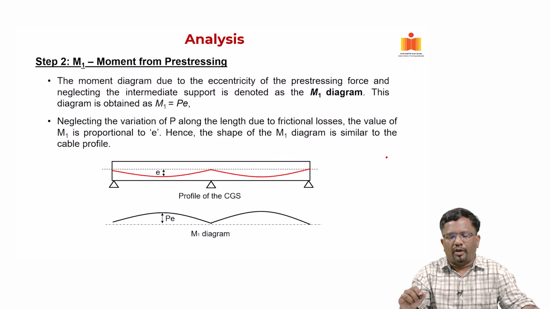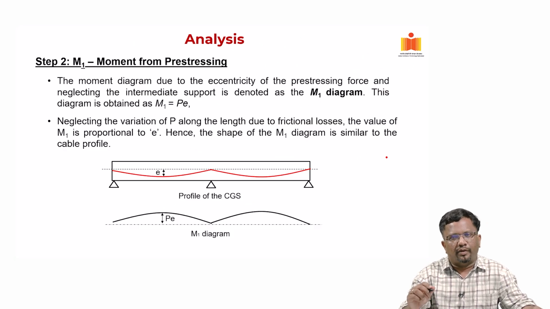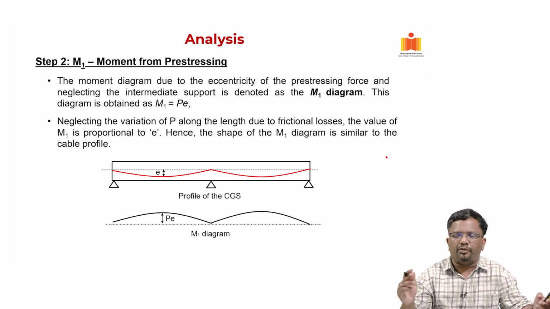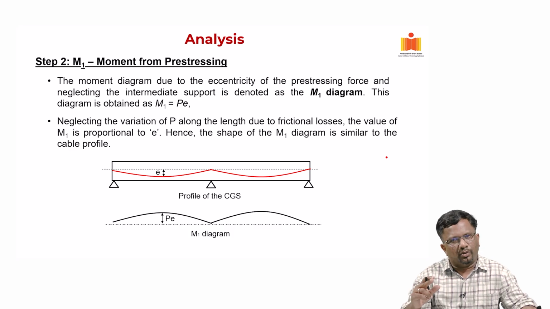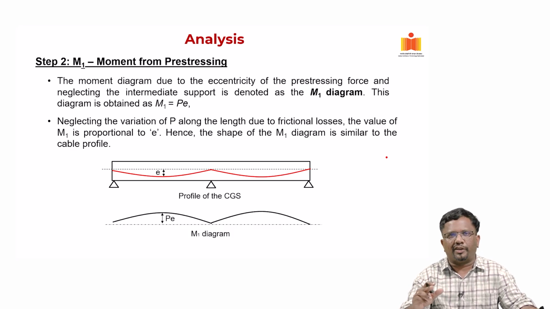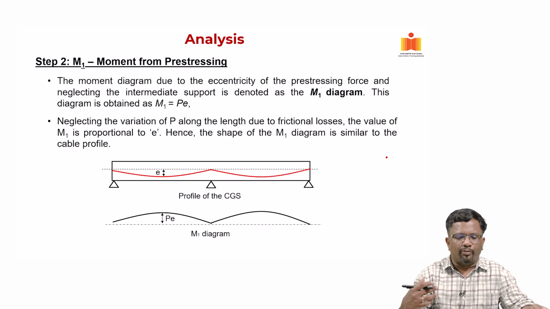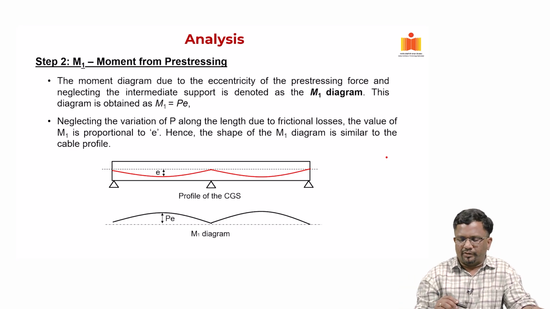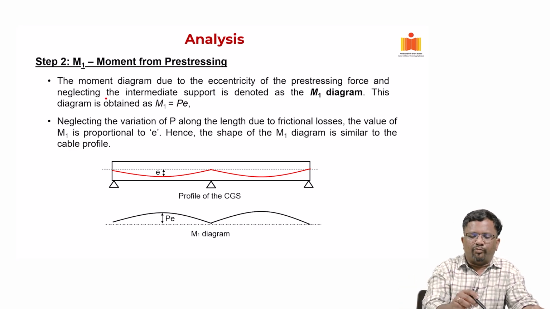Now, we said for a statically indeterminate structure, when you apply pre-stress, you not only generate the pre-stressing or primary moment, you also generate secondary moment. Let us calculate step by step what the primary moment and the secondary moment are. Now, M1 is the moment from pre-stressing. So, let us say this is the M1 diagram.